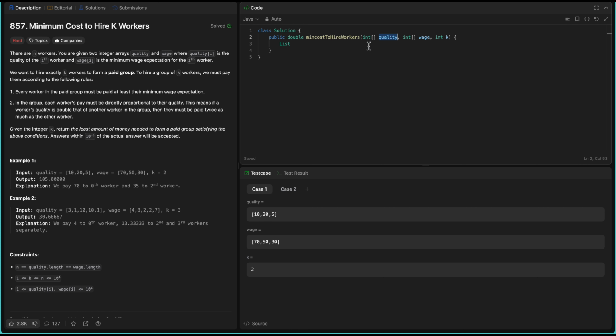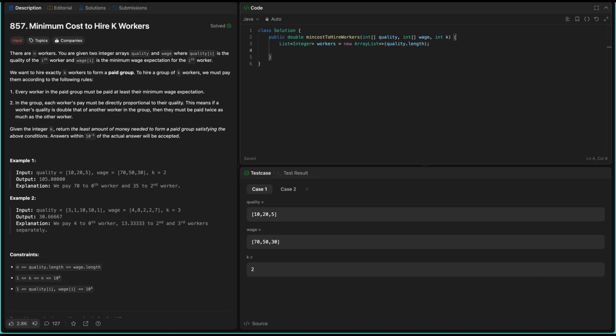Another way can be I can use the index as the value itself. So what I can do is say list of workers, and in this case we know the length of this array list already, right? So I can just pass it, just a minor optimization, but yes.